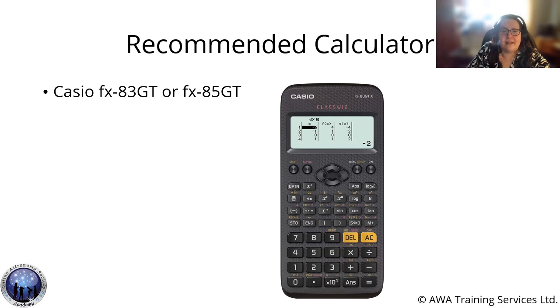The only difference is that there is a solar panel somewhere here on the top, and so if the battery is dying, then that can extend the lifetime of the calculator quite a lot. So these last a little bit longer. The battery will last a little bit longer in the 85. But it's the exact same machine, so it doesn't really matter which one you get.